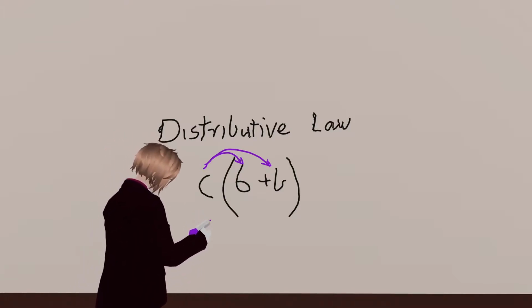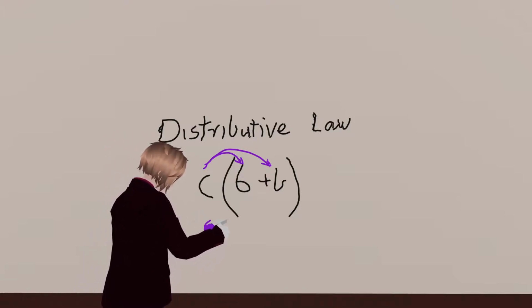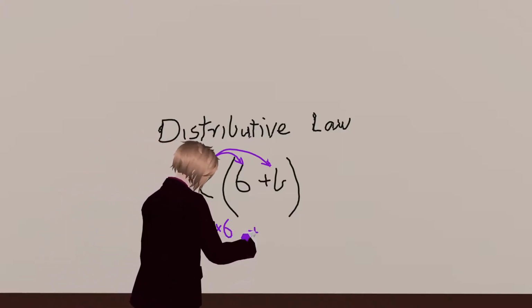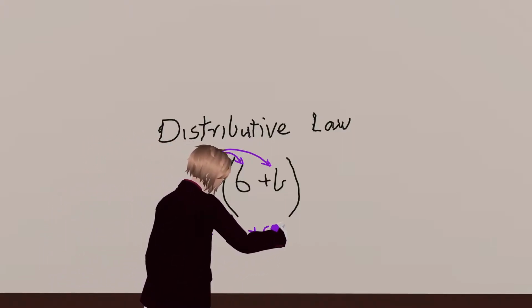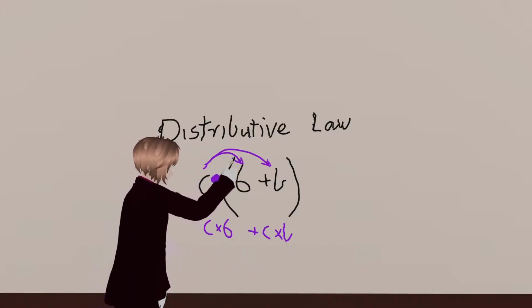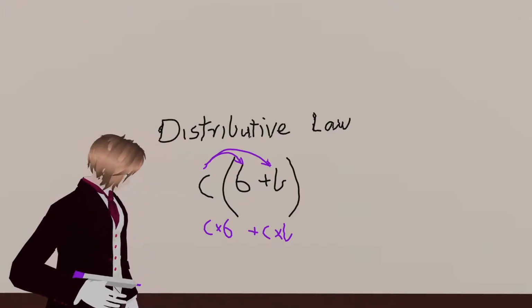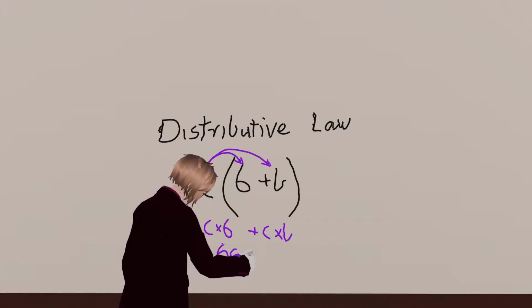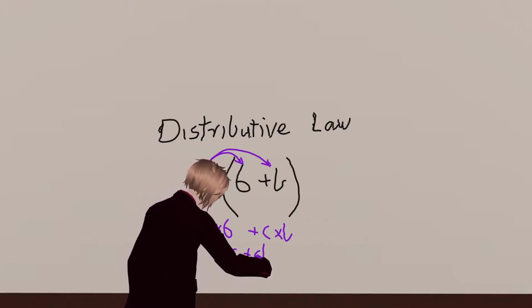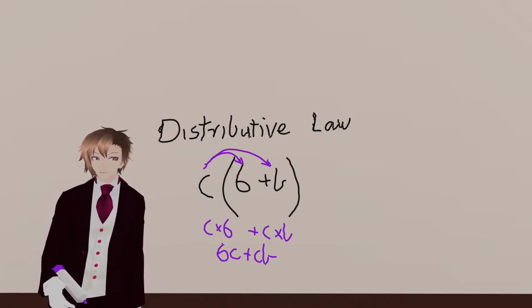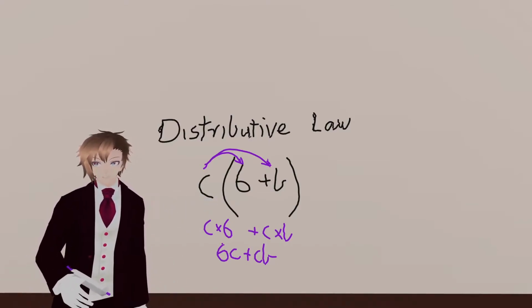On this side, we have C times 6, and we have C times B. So I've timesed this by this and this by this. And now if we simplify this, we just end up with 6C plus CB. And that is how to expand these brackets using the distributive law.